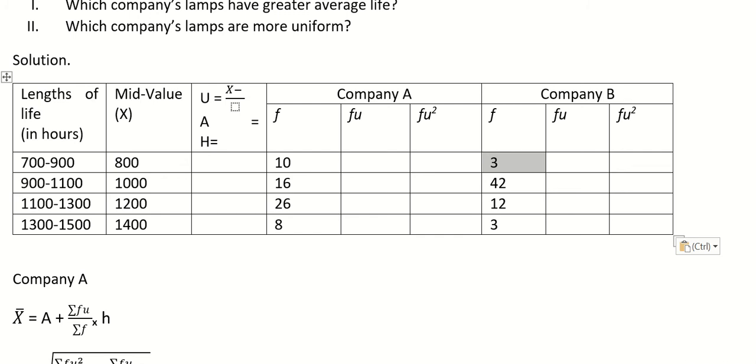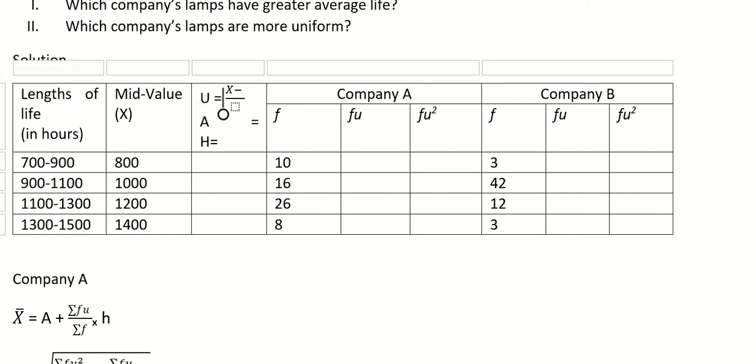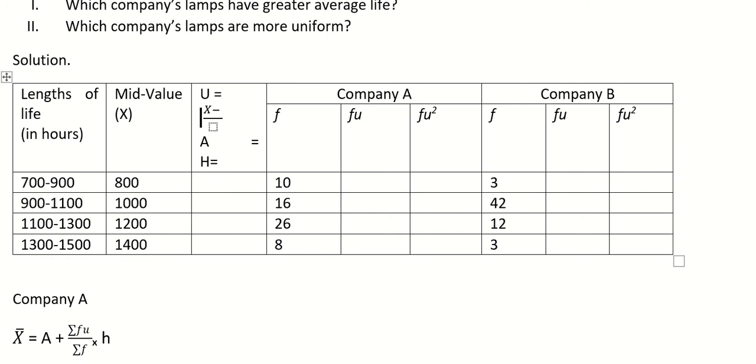Now I have to first calculate the mean value. To calculate the mean value, I have to first calculate u. The formula for u here is x minus A. So what is the value of A here? We have to assume a value from these x mid values.